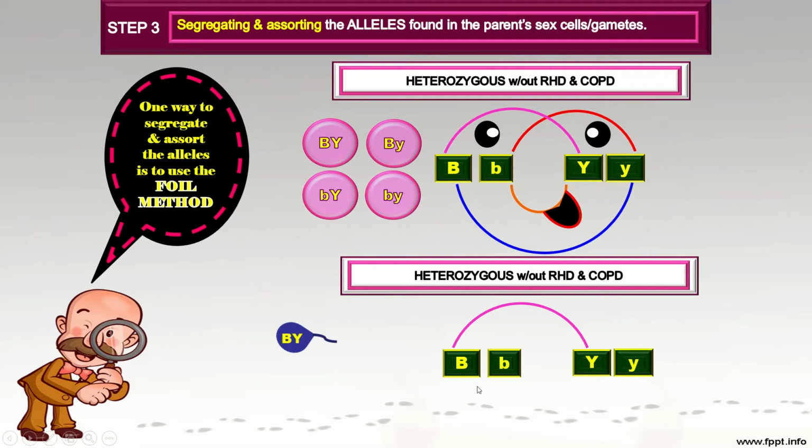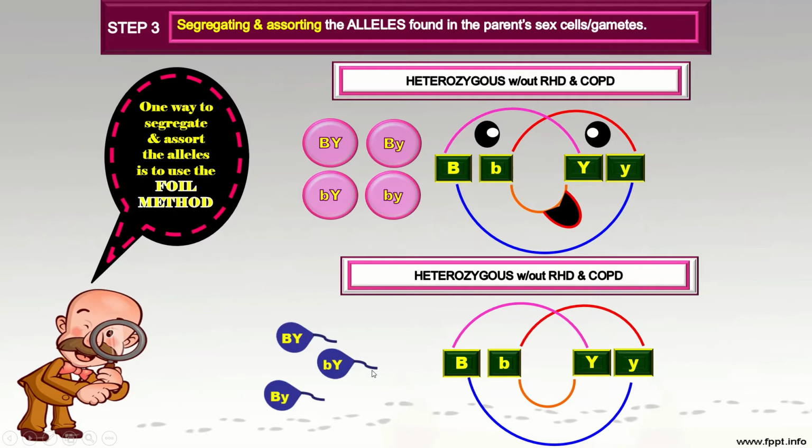There is also a chance that the sperm cell is going to be carrying this one and this combination. And we'll have the inner, another sperm cell has this combination of alleles, and also this one.